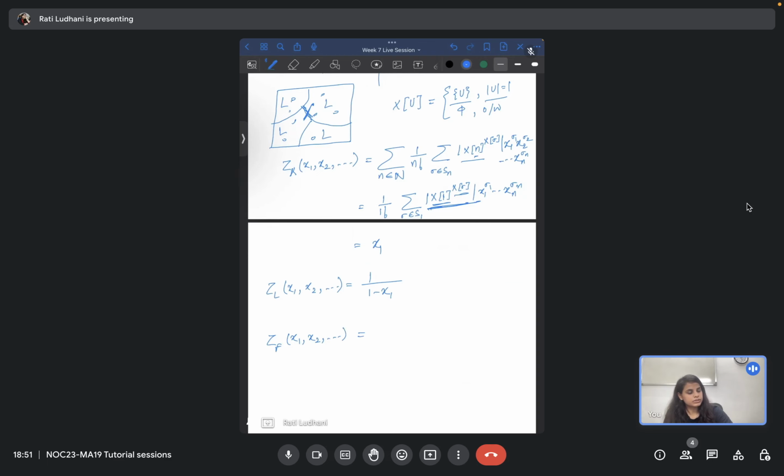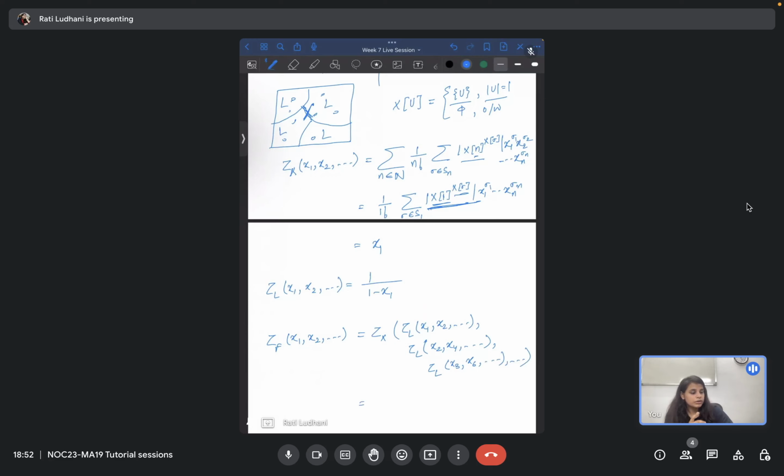Now what does the formula say? You are calculating x of L, so x outside, and this is zl x1, x2, sorry, zl x2, x4 and so on, zl x3, x6 and so on, right?